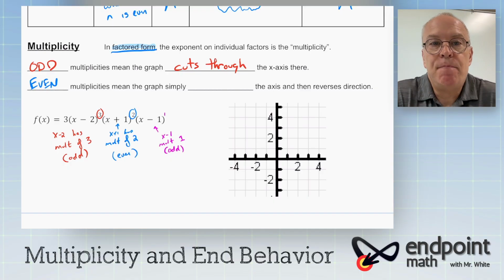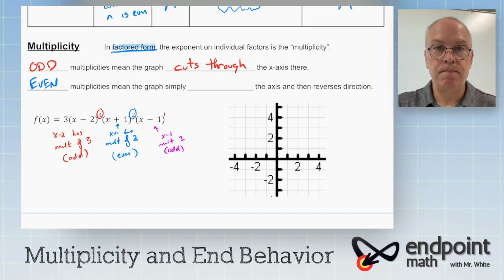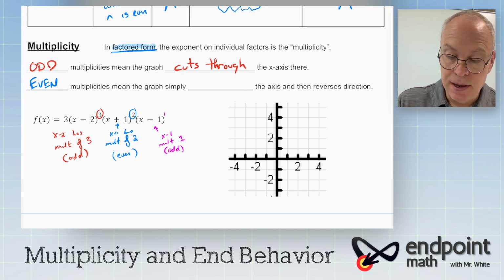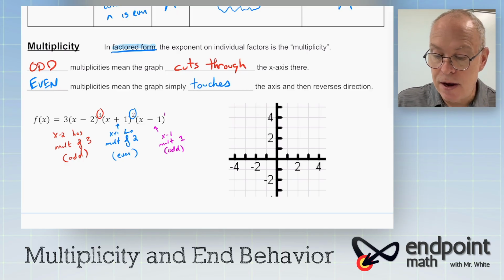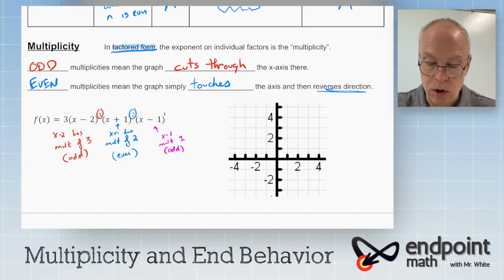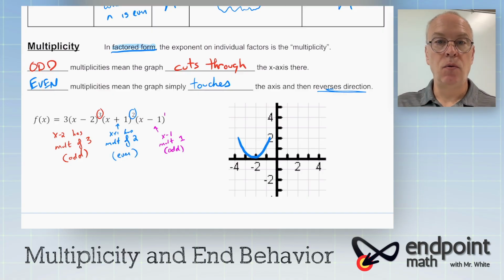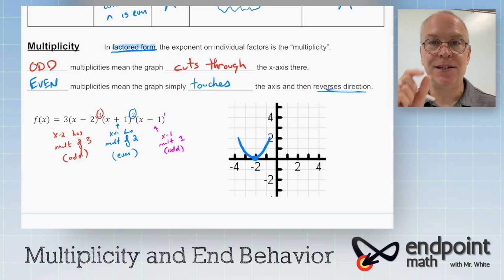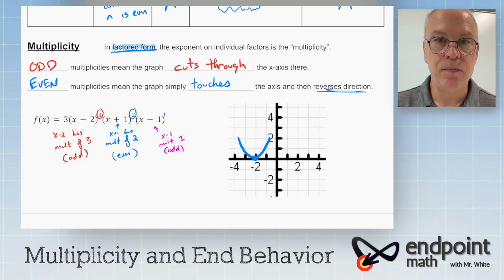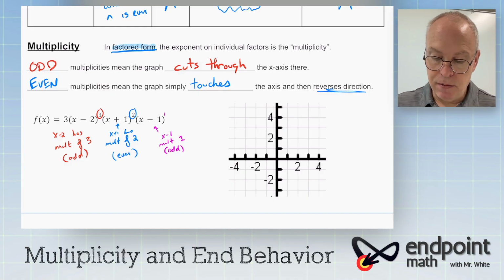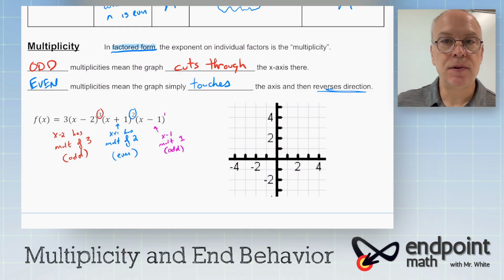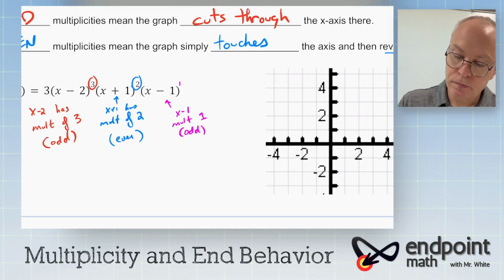What is sort of the opposite of cutting through? It's got to touch it because it's a 0. Remember I said it was a 0 there. So it's got to touch it. It simply touches and then reverses direction. So what do we mean by that? It's like this, where it just nicks it just a tiny bit right there. Okay? So I'm going to get rid of that graph because we're going to make this a nicer graph.